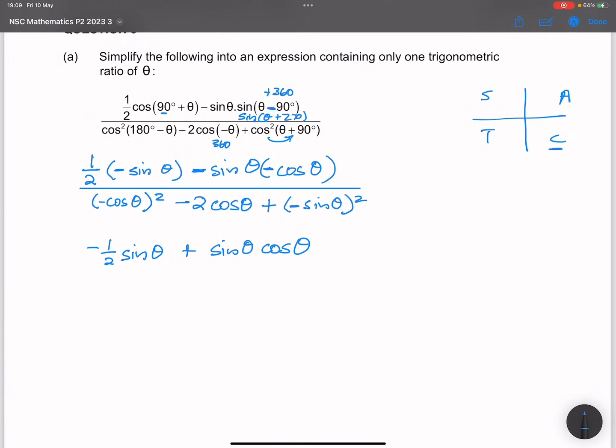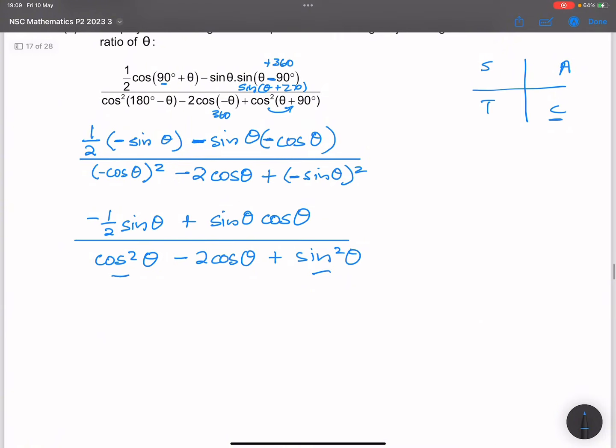So this is divided by cos squared of theta minus 2 cos of theta plus the sine squared of theta. I can already see that that will give us 1. That's an identity. So I'm going to take out sine of theta at the top there.